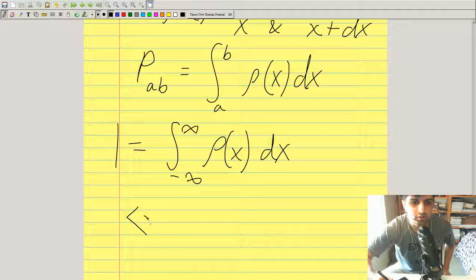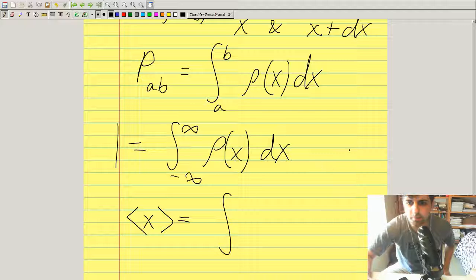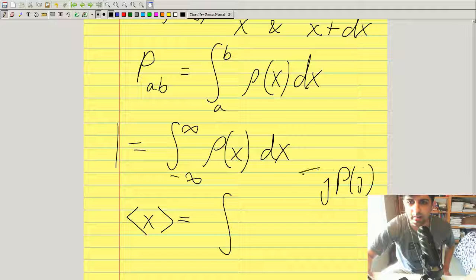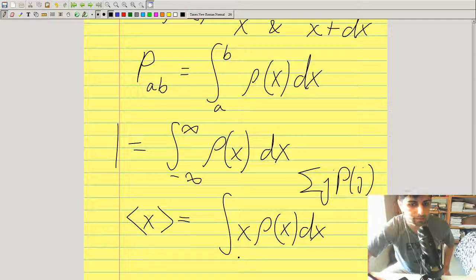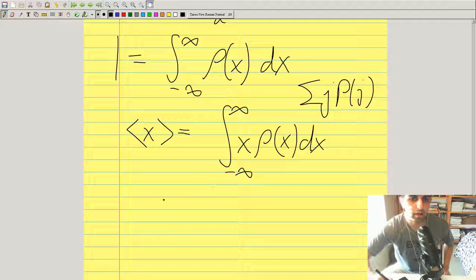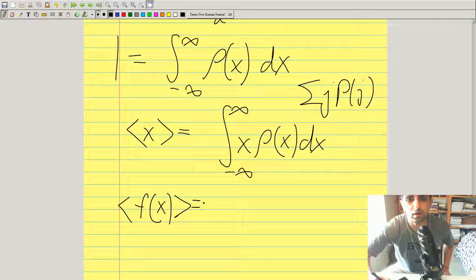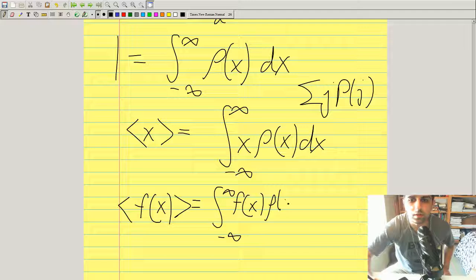The average of a certain variable of interest is similar to the discrete case, the sum of j p of j, except now it's the integral of x rho of x dx, from negative infinity to positive infinity. Then I can generalize that to f of x: the integral from negative infinity to positive infinity of f of x rho of x dx.